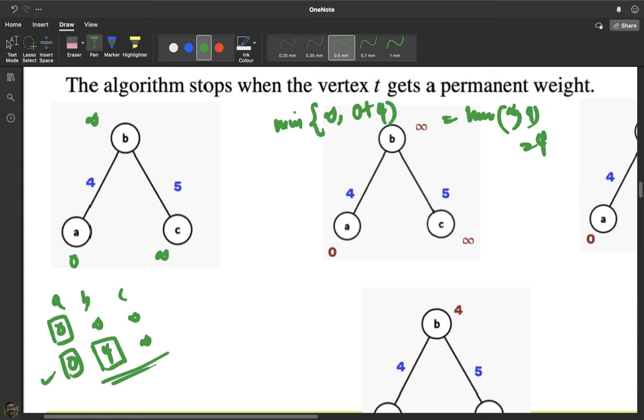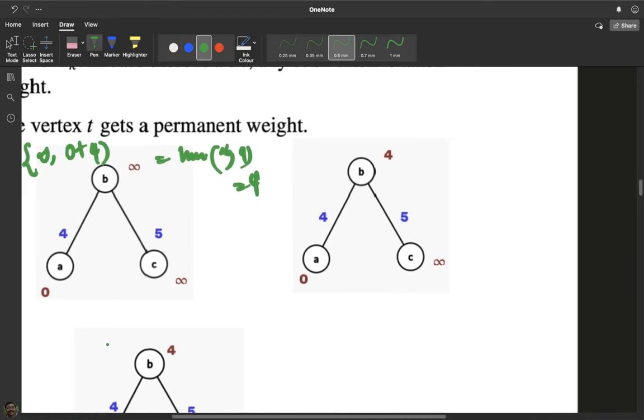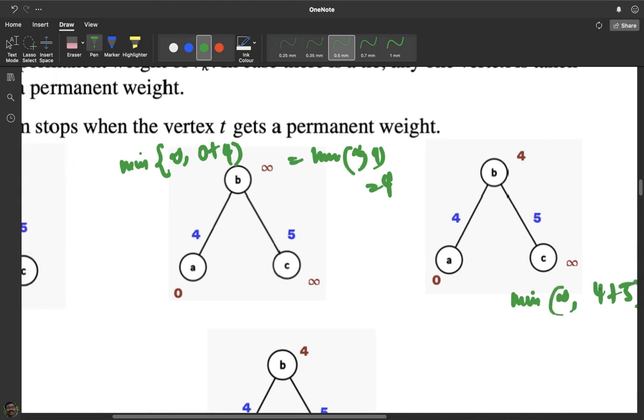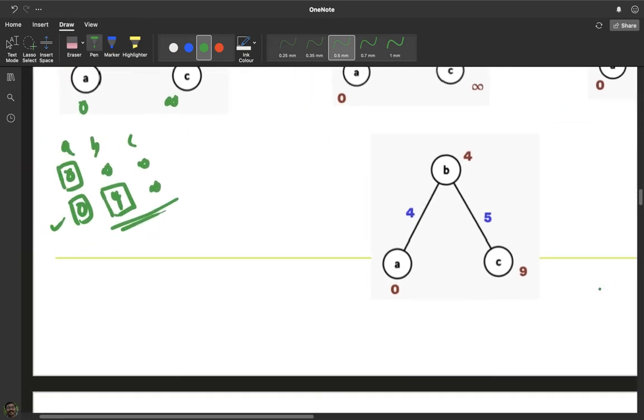In the last step, we have now reached B. The next neighbor of B is C. So that will be the minimum of weight of C, which is infinity, and weight of B, which is 4, plus 5, which is 9. In the third step, A has weight 0, B has weight 4, and now the weight of C is 9.